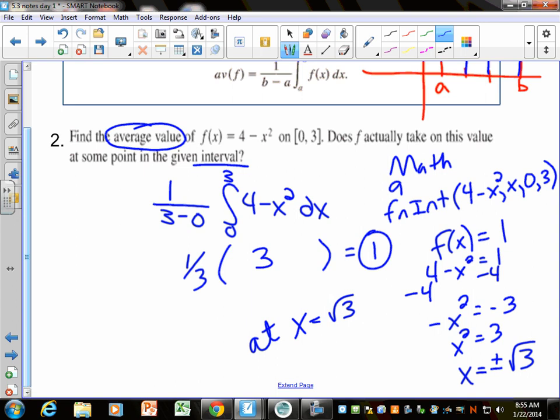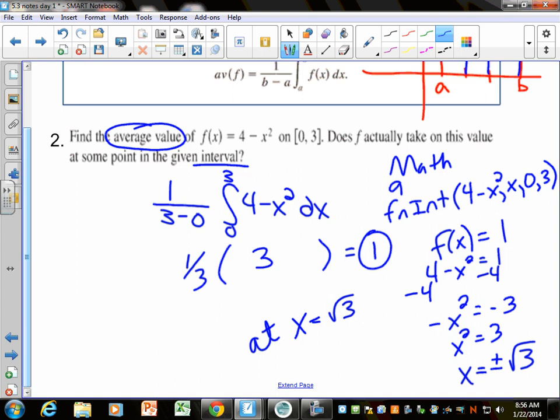The mean value theorem said if you have a closed interval and a continuous function, the average rate of change will always equal the instantaneous rate of change. And we can say the same thing about average value. So does it actually take on this value, if certain things are true?